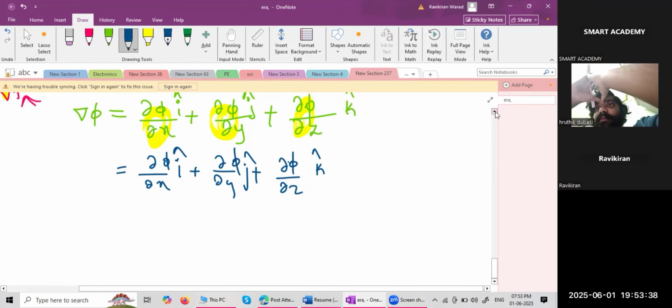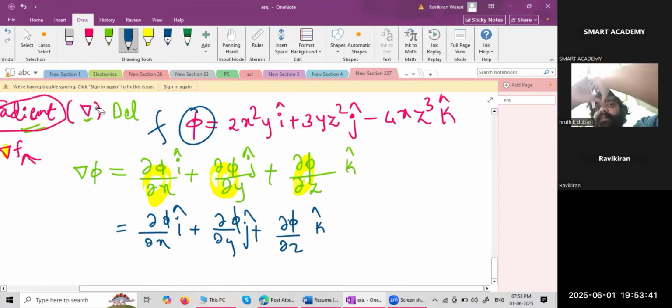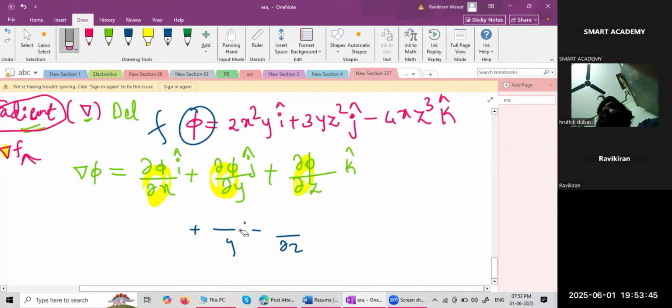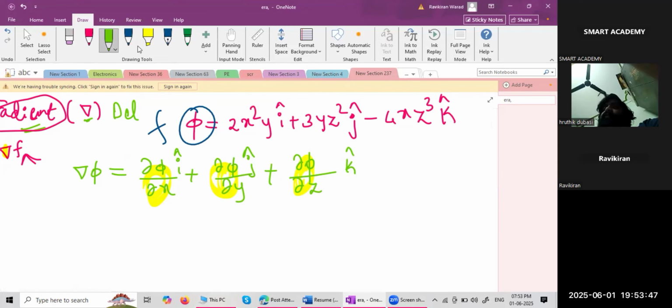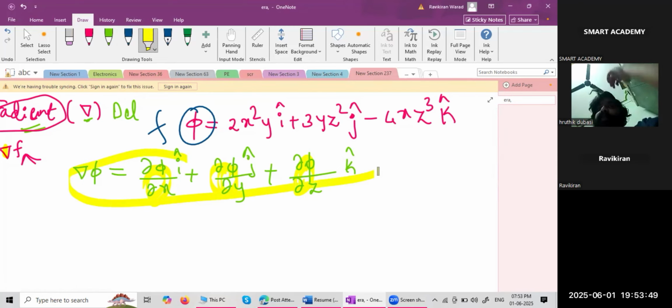This is the expression, and you have to remember this formula to find the gradient.